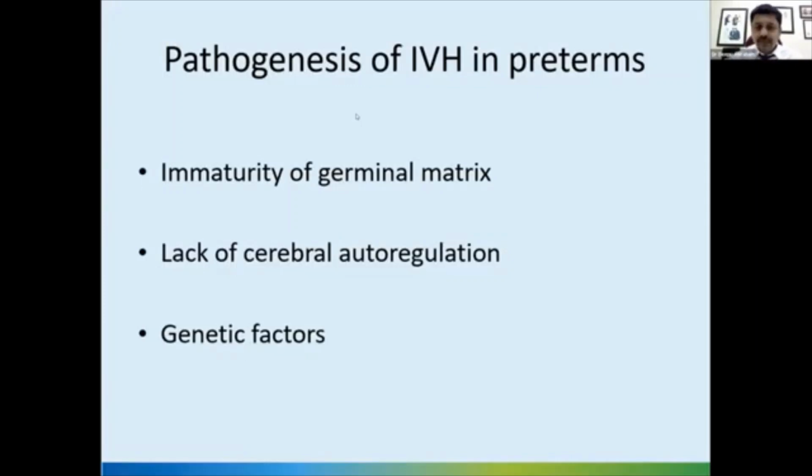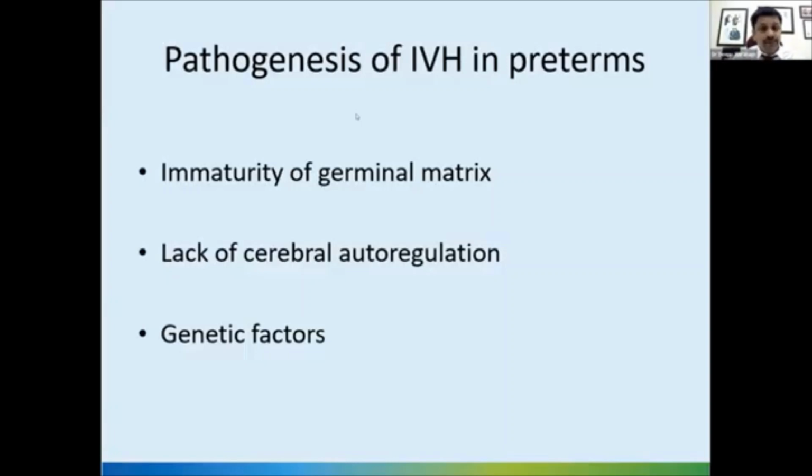Other than this, there are significant studies going on to look into the genetic factors. There is no conclusive evidence so far, but there are many case reports of genetic factors predisposing to intraventricular hemorrhage. For example, mutations in collagen have been published to be associated with recurrent and significant IVH.